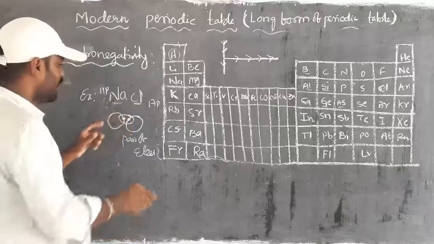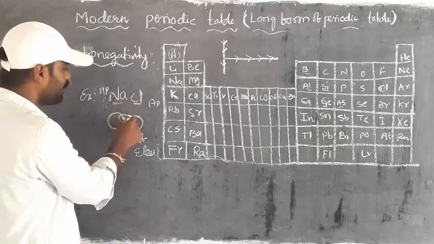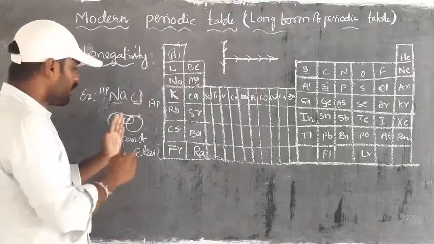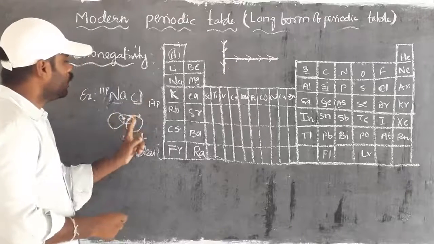Due to that, the pair of electrons is attracted a little more by chlorine. The pair of electrons moves towards the nucleus of chlorine.